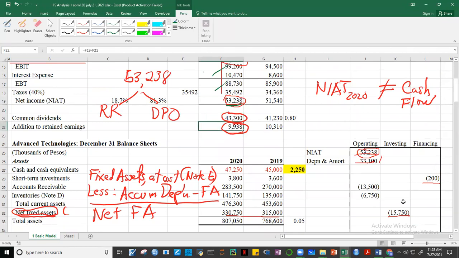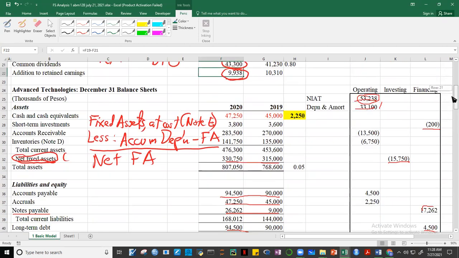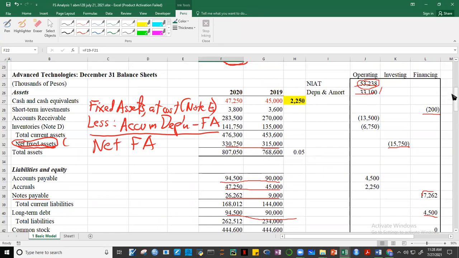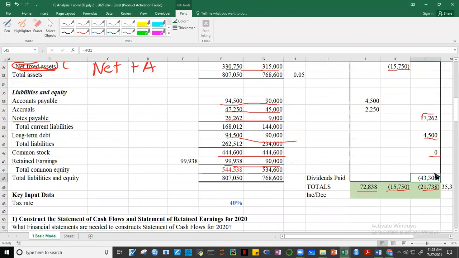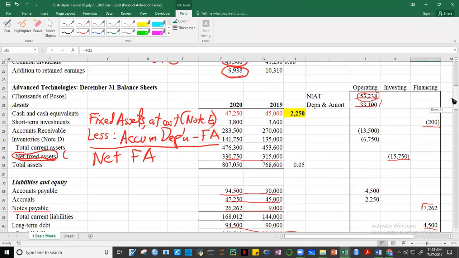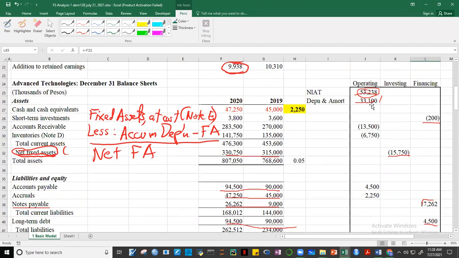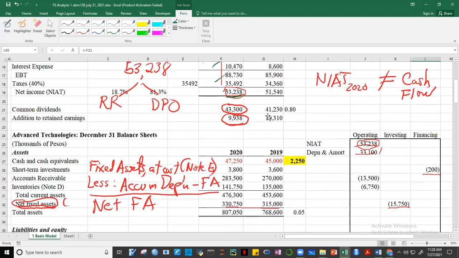Pag ipasok pa ulit natin, magdo-double counting na tayo. Kasi 53 less 43, that's already your addition to retained earnings, no? Yung sum ng dalawang yan, kasi positive to at saka negative yung isa. Okay? So, hindi natin ipapasok yung 9938 dito in anywhere here, kunyari operating, kasi guys, andiyan na yan. It's already considered. Okay? Alright.